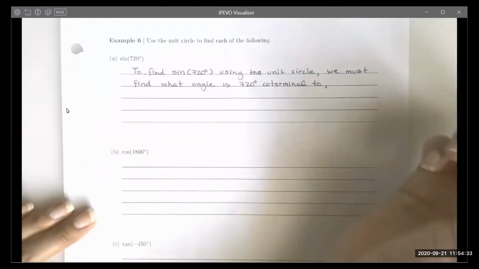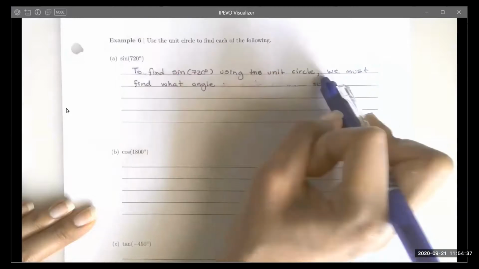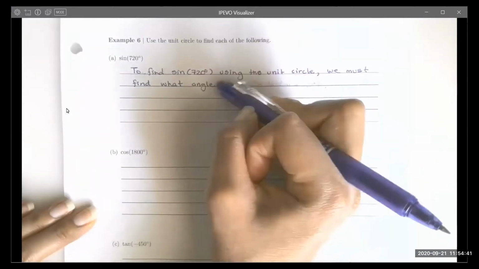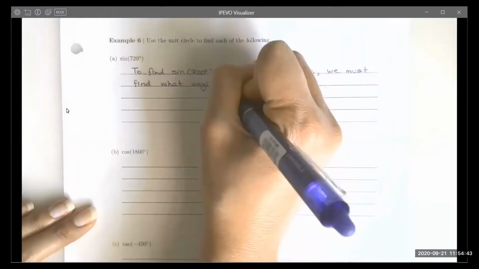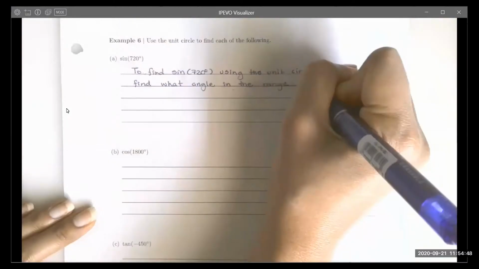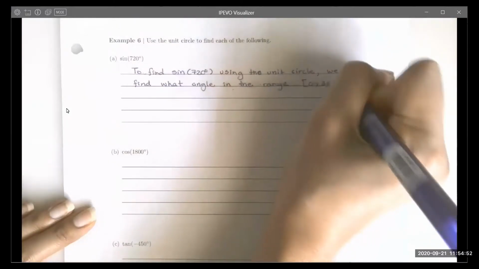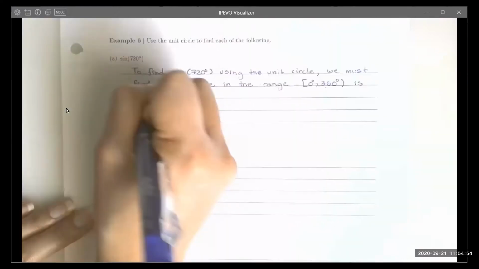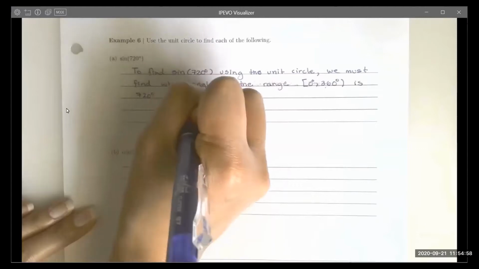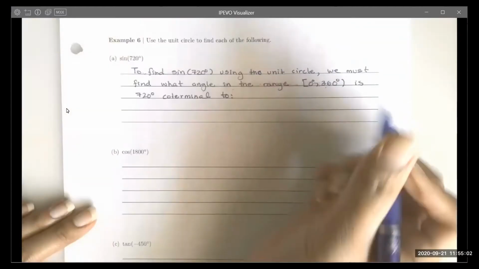So let me actually rewrite this. What angle in the range 0 to 360 is 720 coterminal to? That's what we're going to do next.